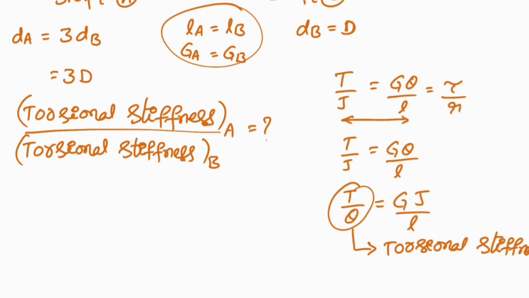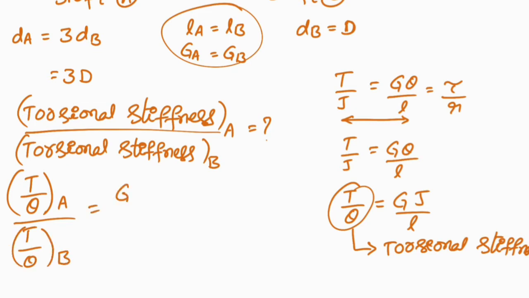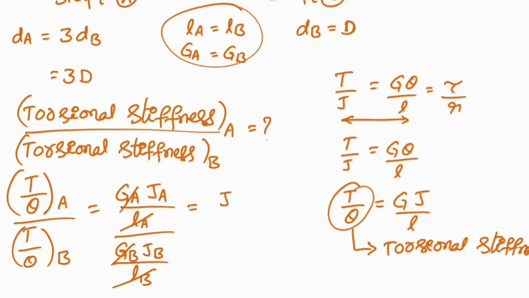Now, the torsional stiffness T by theta for A divided by T by theta for B equals G for A into J for A by L for A, divided by G for B into J for B by L for B. Here the length of shaft A equals the length of shaft B, and GA equals GB, so it is equal to JA by JB.